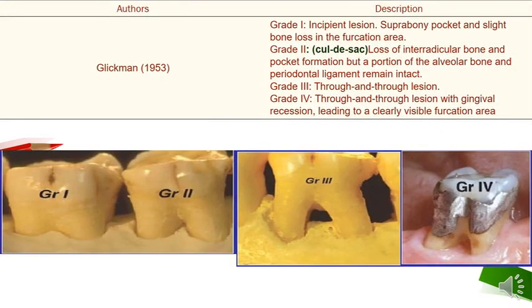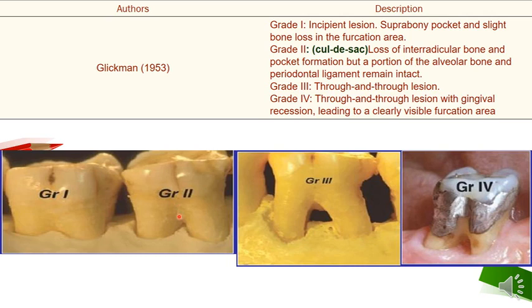According to Glickman, we have four grades: 1, 2, 3, and 4. Grade 1 is the incipient lesion, a suprabony pocket with slight bone loss in the furcation area. The picture here is chosen from a cadaver because it's not obvious clinically.